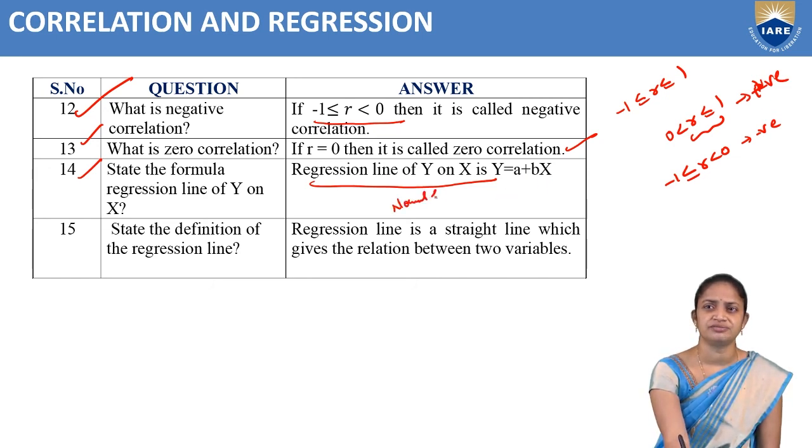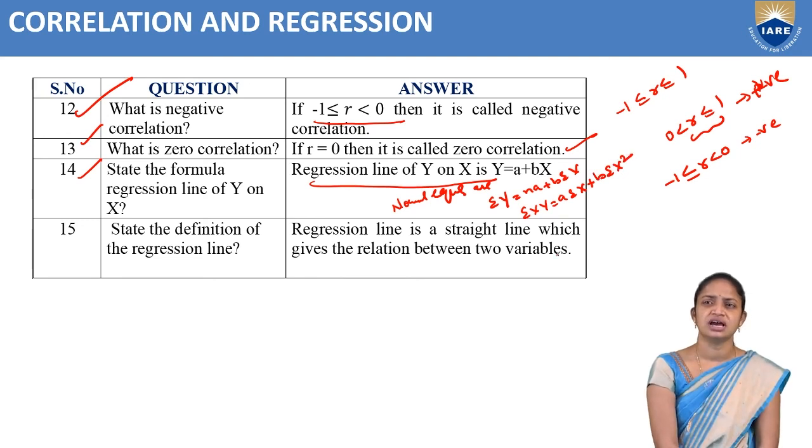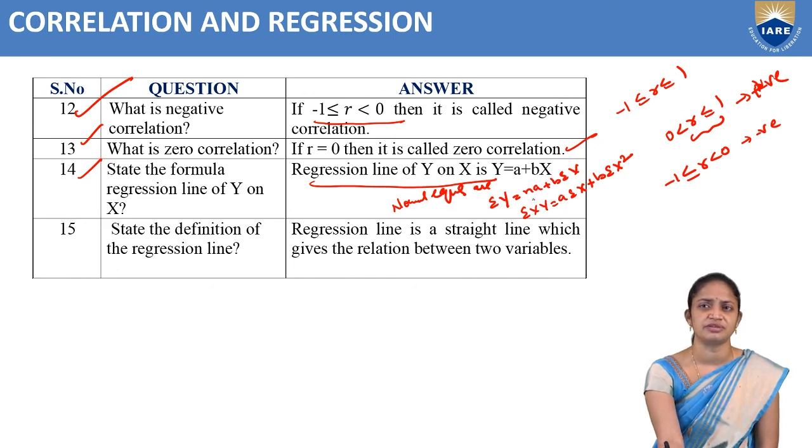The normal equations are summation y equals na plus b summation x, and summation xy equals a summation x plus b summation x square. By using the normal equations we can find the constants, and then substitute them in the regression line y equals a plus bx. This is the formula for the regression equation of y on x.